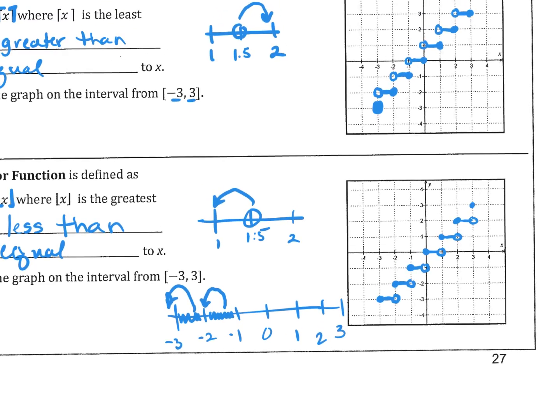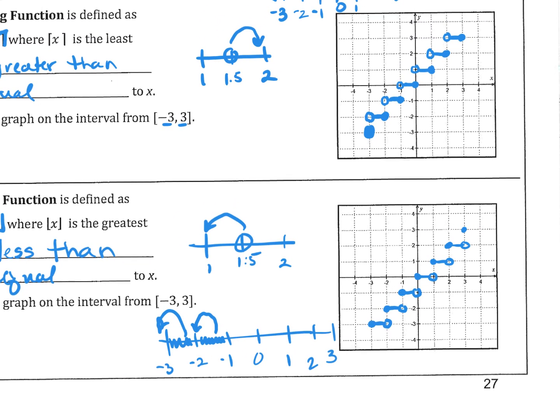So how are these two different? The only thing really different about them is where the open and closed circle is, right? The ceiling function starts with an open circle and ends with a closed, but the floor function starts with a closed and ends with an open. Which makes sense, doesn't it?